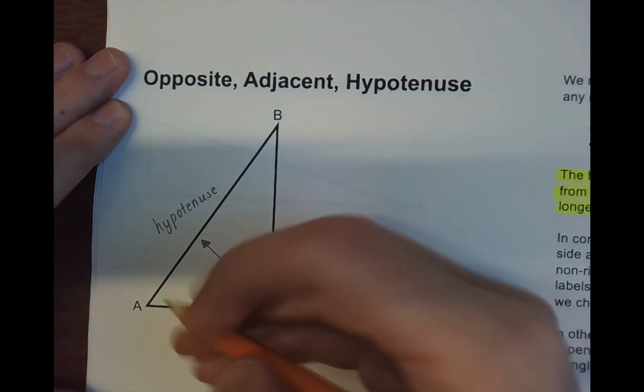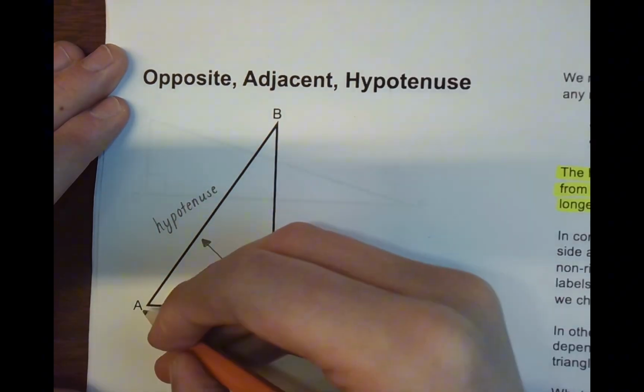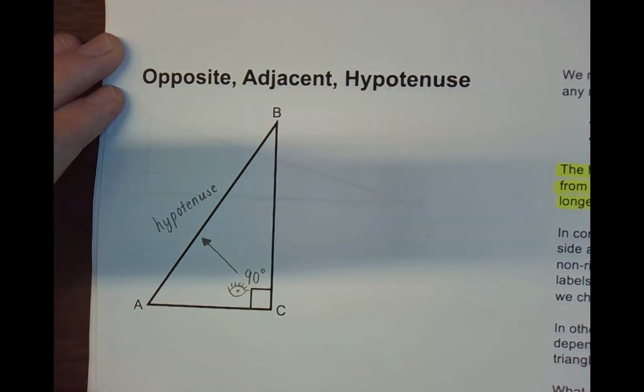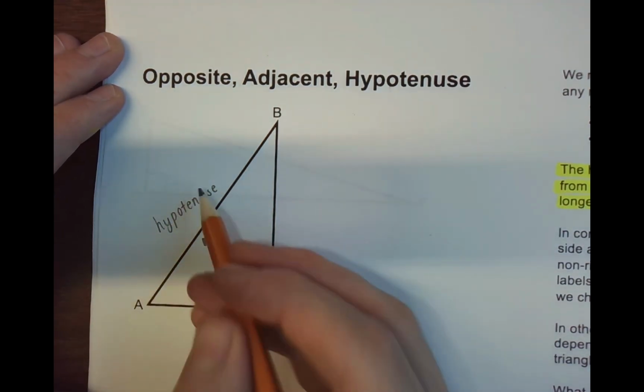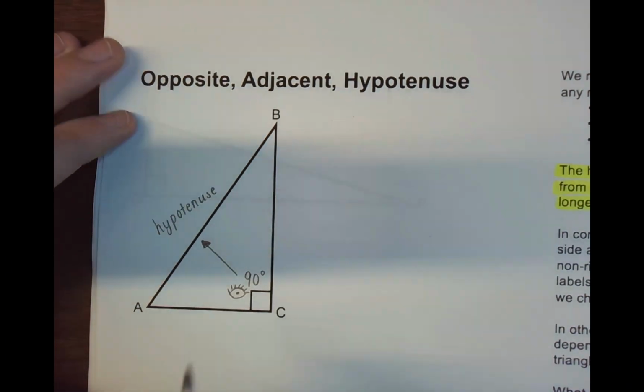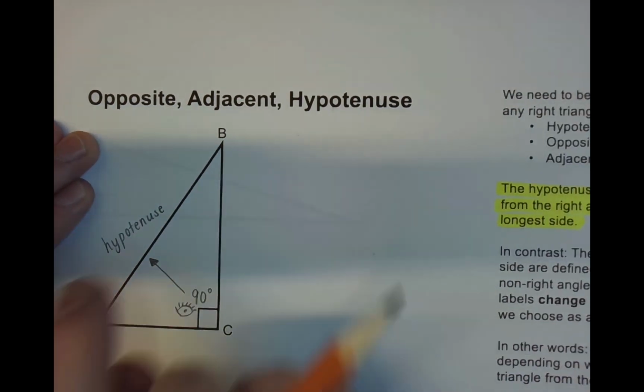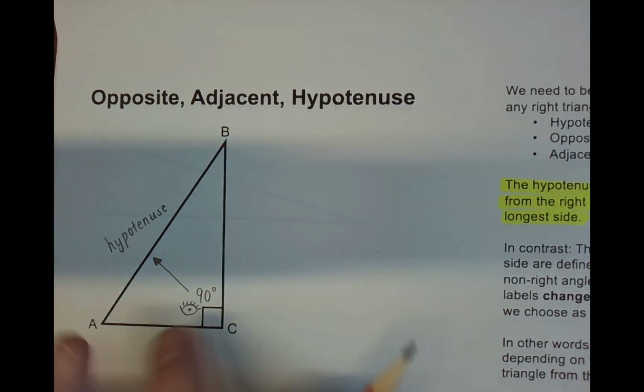So it's always going to be that diagonal or slanted side, and that's always the longest side. Hopefully we know about the hypotenuse from the Pythagorean theorem. That doesn't change; that's always going to be the hypotenuse.